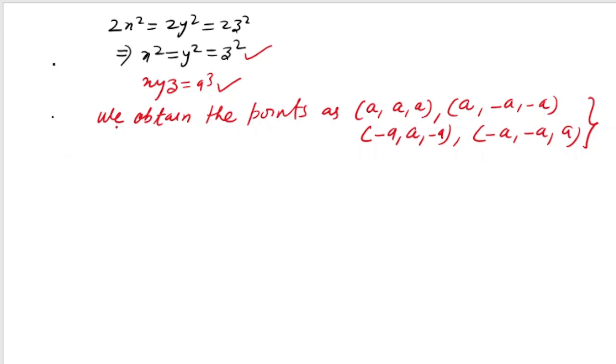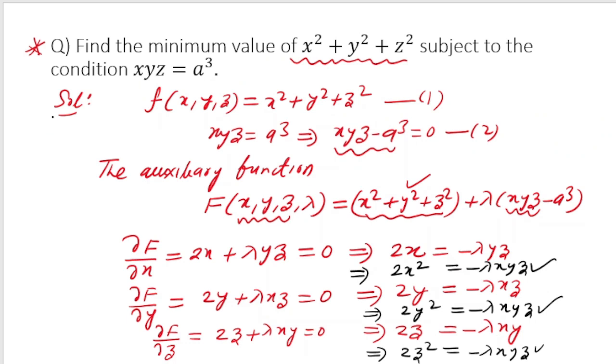So in a question, if they ask to find the critical points or stationary points, the answer should be given up to this. But in this statement, they are asking to find the minimum value of it.